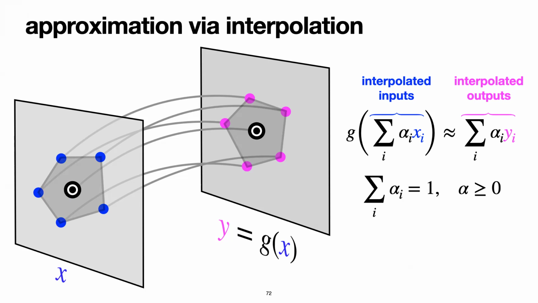We can think about this visually: if I have a bullseye on x and a bullseye on y, and I linearly interpolate between these x's, I can predict what the y is going to be as I move around, using the same interpolation alpha between these samples. This gives us a way to reason about the function as just a bunch of linear combinations of sample points, with no differentiation required.